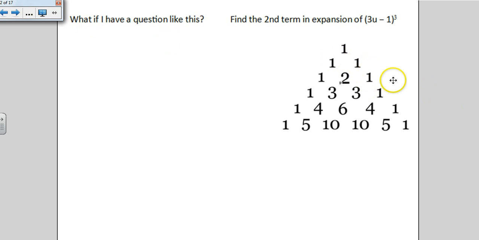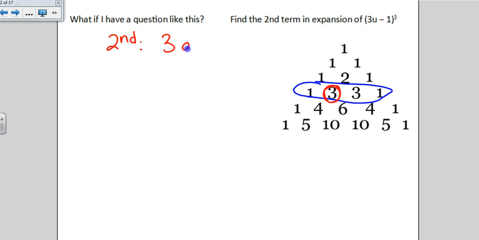okay, I've got a cubic row, which is this guy, and if I just want the second term, I just want this part. Well, remember, the second term was 3 times a squared times b.